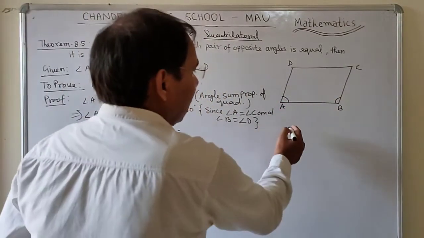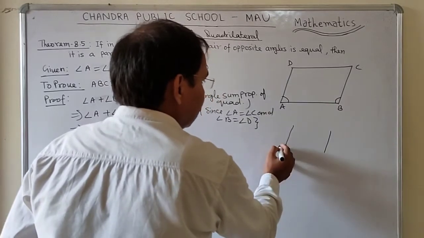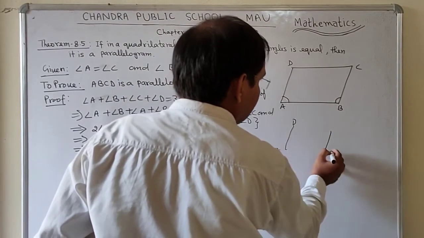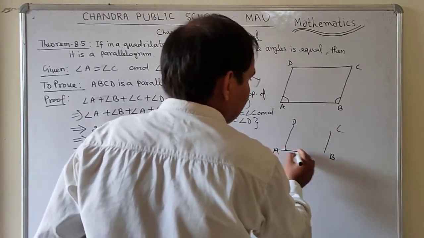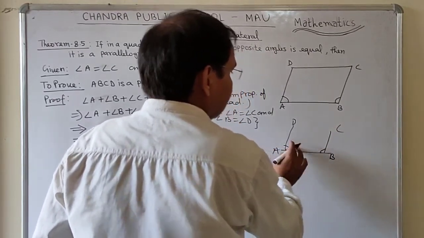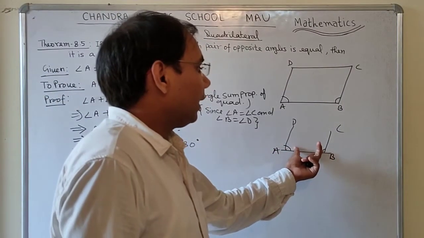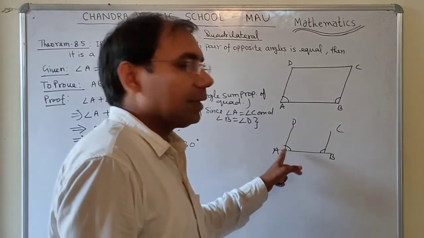So students, if I take these two as lines, here it is AD and here it is BC, and one line is intersecting them, these are the co-interior angles. If the sum of the co-interior angles is 180 degrees, then the lines are parallel.